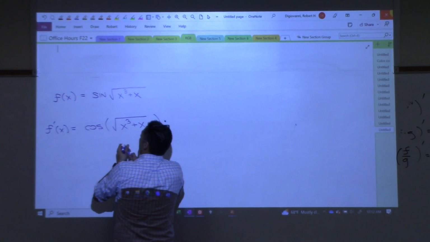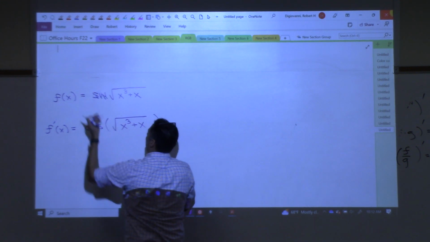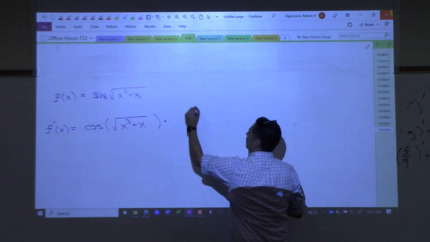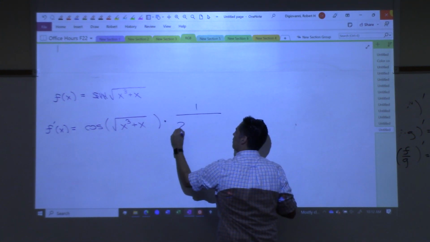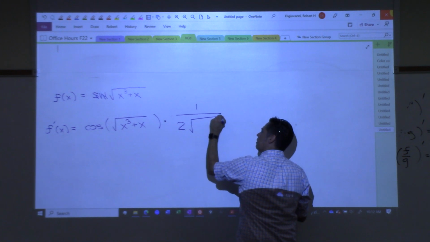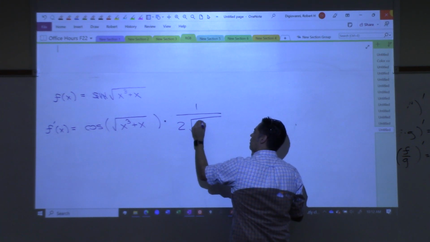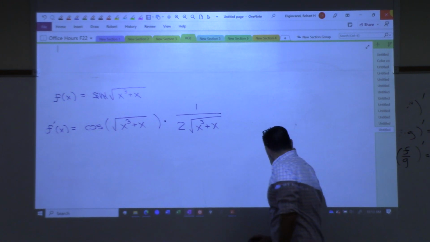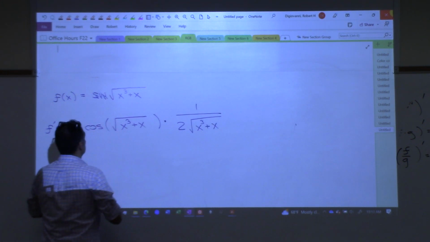I'm going to mark this out like we've already taken care of that derivative. So in parentheses, 1 over 2 times the square root of x to the third plus x. Okay, explain what you did there. I took the derivative of the square root part.